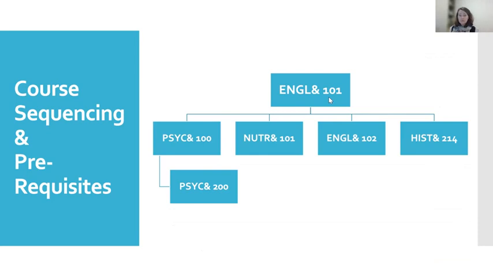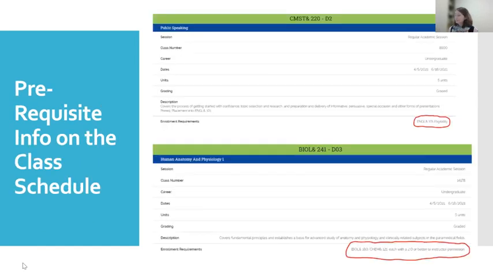So we assume success, we assume you're going to pass the class, and you should be able to sign up for English 102 when registration becomes available to you. Now, if something happens and you end up not finishing English 101 as you expect, then you'll make changes. But otherwise, don't wait. Go ahead and register as soon as you can and get the classes that you want.